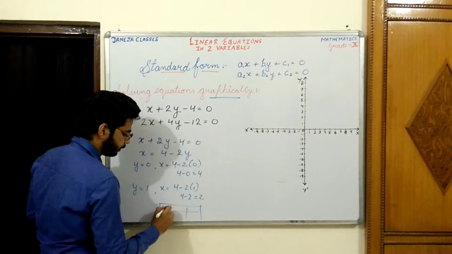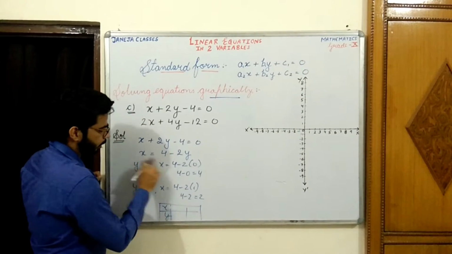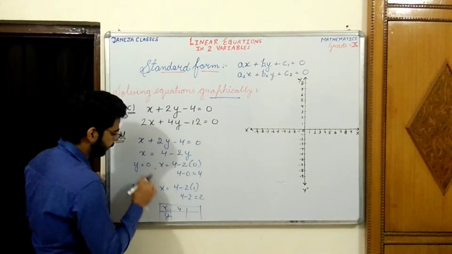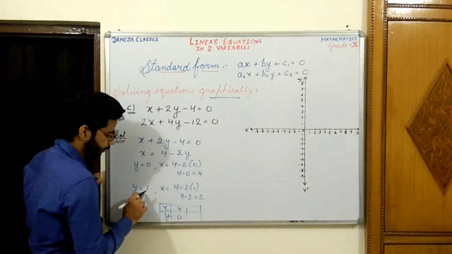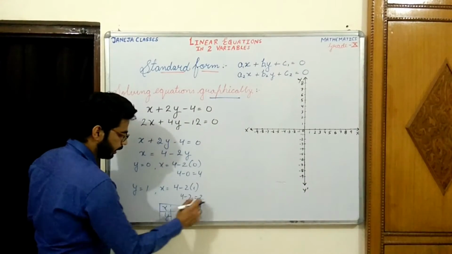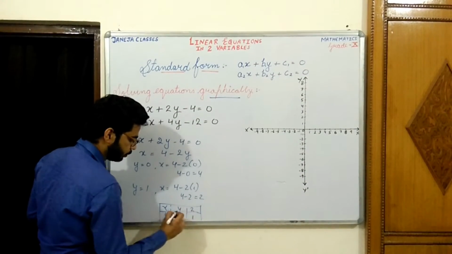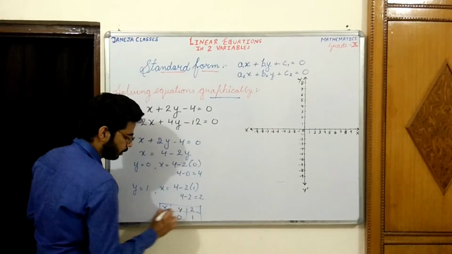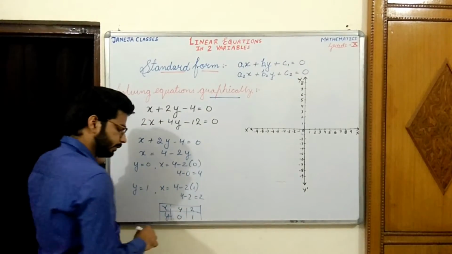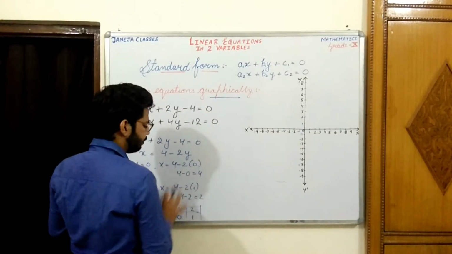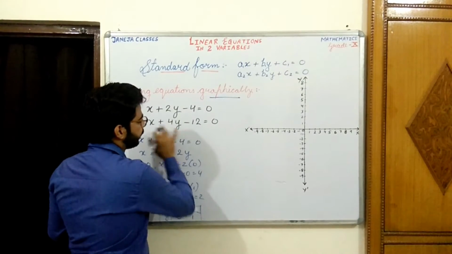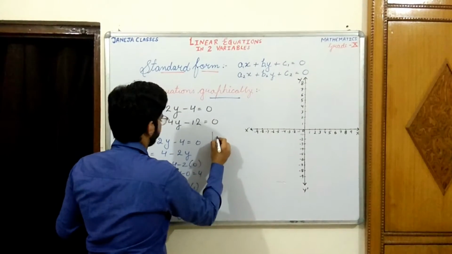See the value of x, it was 4 when we let the value of y be 0, then y is 1 and x is 2. So after this we can plot the points, but before this let us solve the second also.